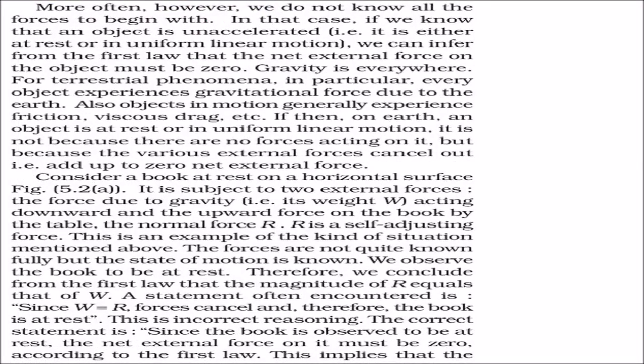So where does this force come in, whether the object is accelerated or unaccelerated? If it is unaccelerated, that means it is at rest or in uniform linear motion. What we can infer from the first law is that the net external force on an object must be zero.